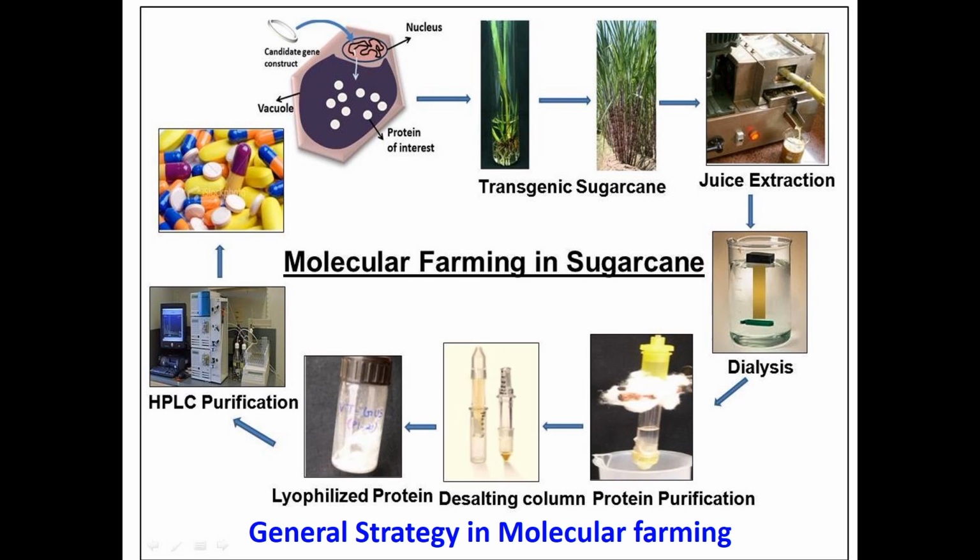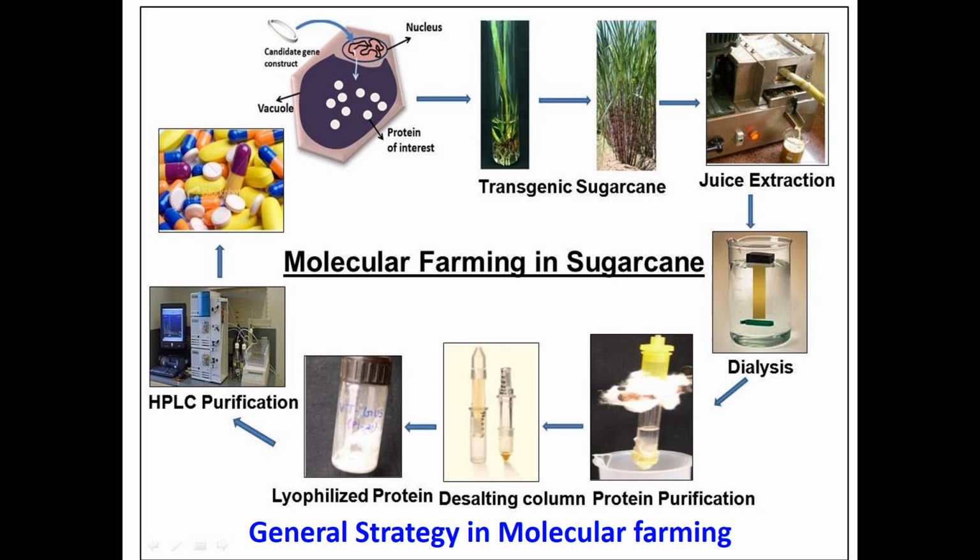With that idea, we have developed a technology, the vacuolar targeting technology, specific to sugarcane, and we have proved the concept that this technology works well for production of any recombinant protein.